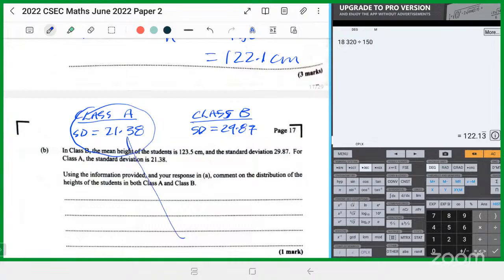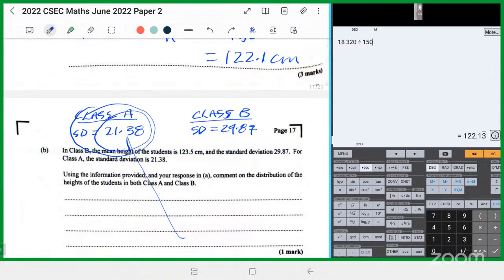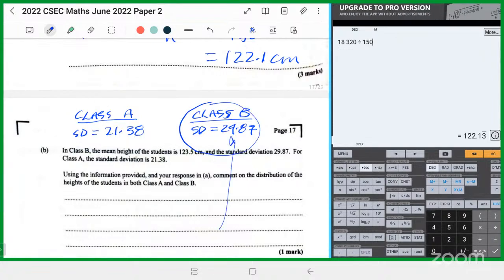Over here in class B, because the standard deviation value is higher, the heights of the students are more widely spread from the mean height.